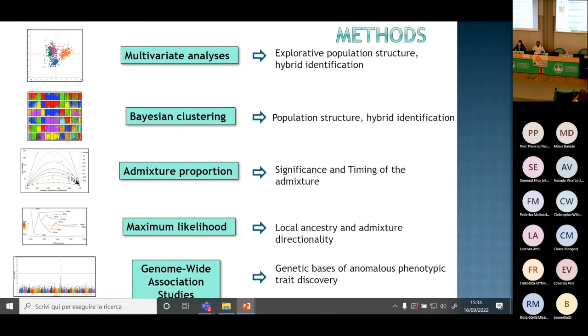Additionally, local ancestry reconstruction methods were applied to investigate significance, directionality, and the timing of the admixture. And finally, GWAS and gene ontology methods were applied to detect the genetic basis of anomalous phenotypes in putative hybrids.